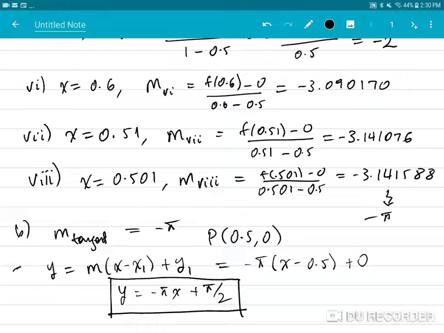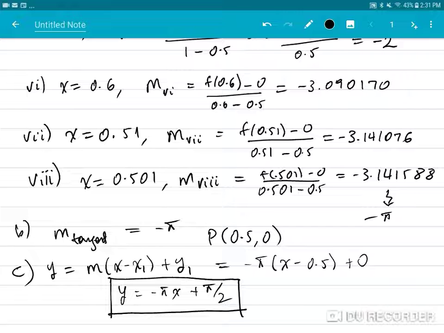This is question C. And for D, they ask to sketch the graph. If you plug that function into your y equals line, and the tangent line that I just found, minus pi x plus pi over 2, and you sketch the graphs of these two, you can see at 0.5 we get a tangent line with slope exactly minus pi.